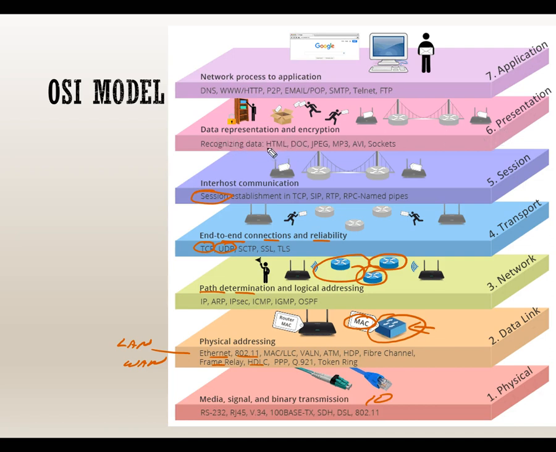The presentation layer recognizes data, what kind of document it is, HTML, JPEG, MP3, those sorts of things, to be sure that it is supported in the device, so that when it presents it to the application layer, it's something that can be used. So HTML, www, HTTP, if we have that enabled, then HTML is something that can be presented.